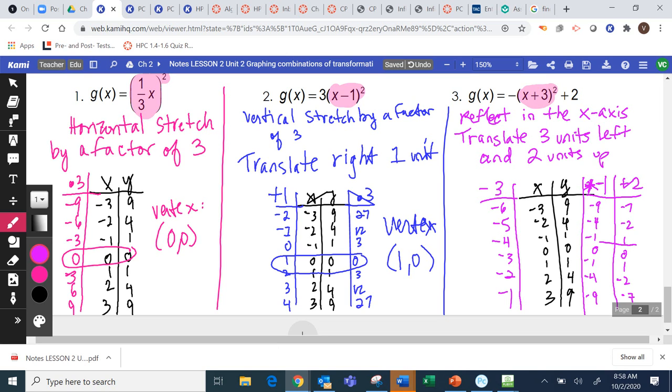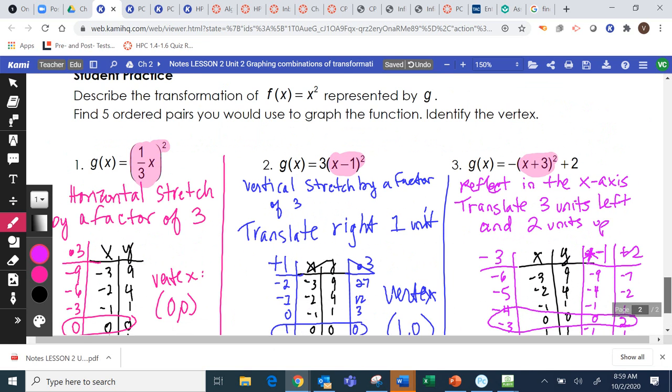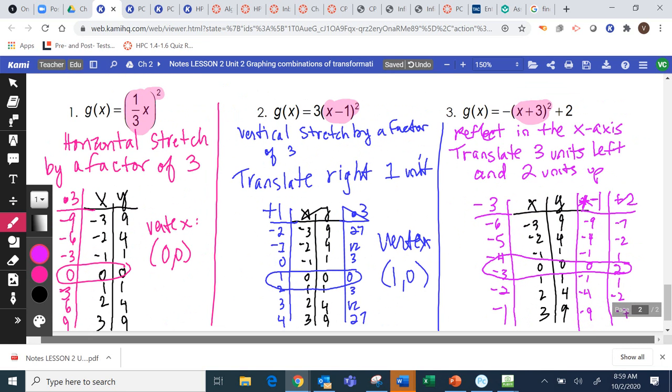Oh no, I didn't add 2, for my vertex over here. There we go. So my vertex is -3, 2. I'm going to have to write it above it because I ran out of space.